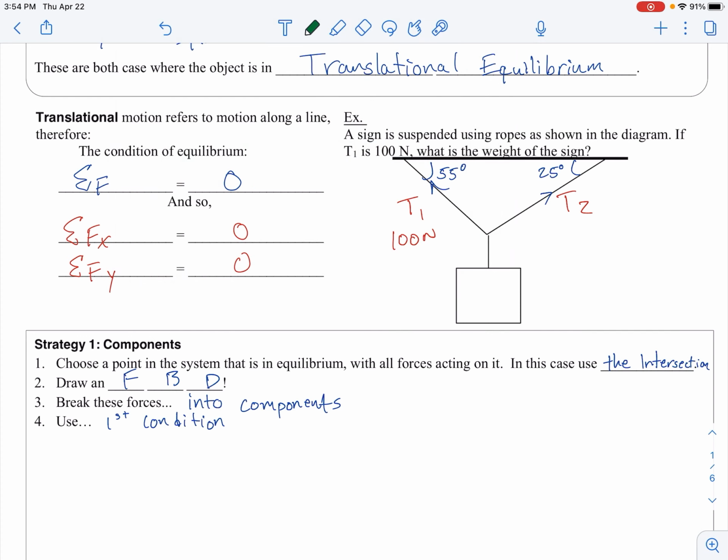All right. Each of these forces, T1 and T2, we can break down into its x and y components.